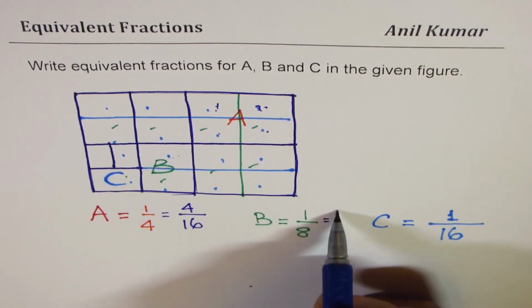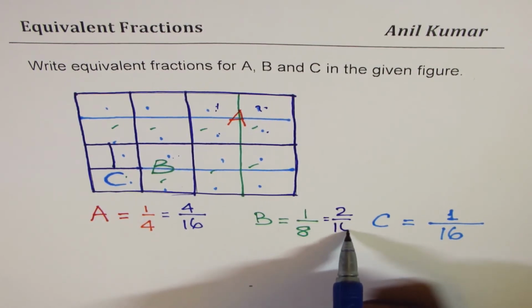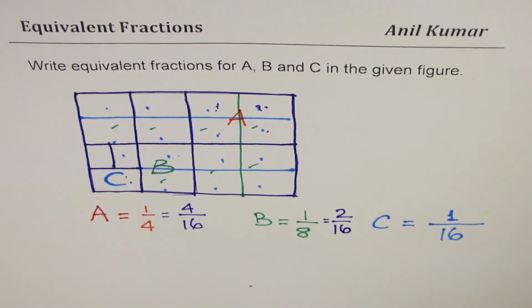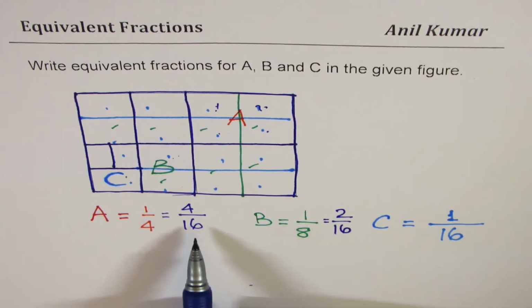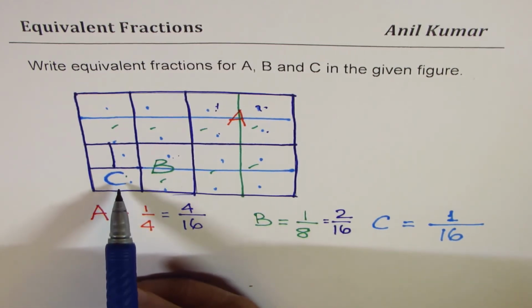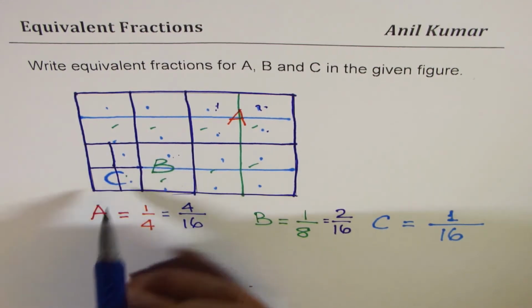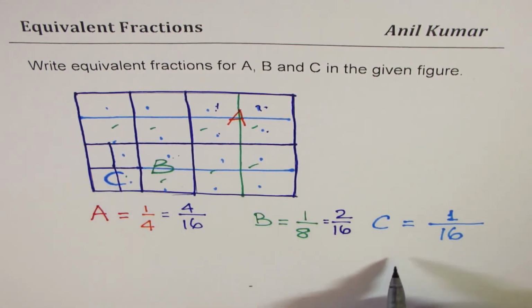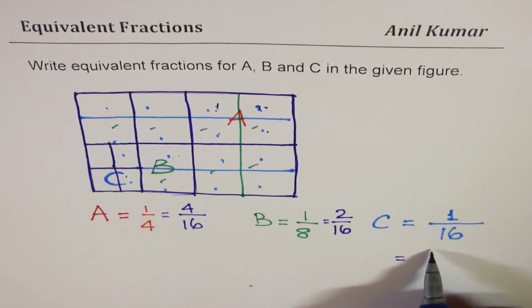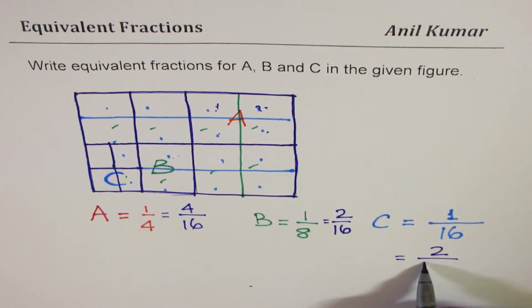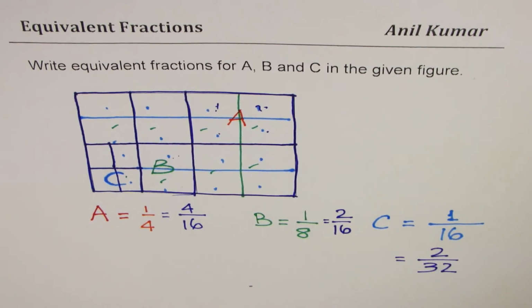So we could write this as 2 out of 16. Correct? So these are called equivalent fractions. And C, imagine if I divide it further into halves, then I get 2 out of 32. So I could also write C as 2 out of 32. Does it make sense to you? Correct? So that is how we produce equivalent fractions.